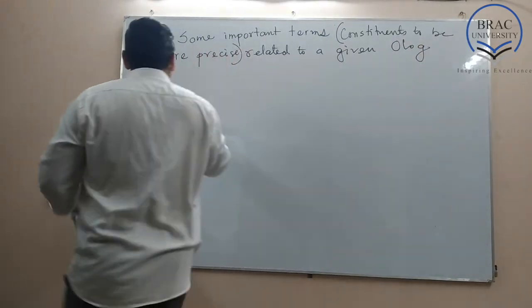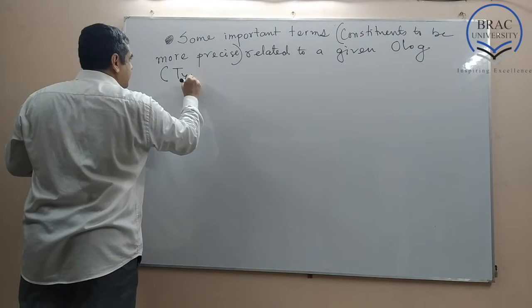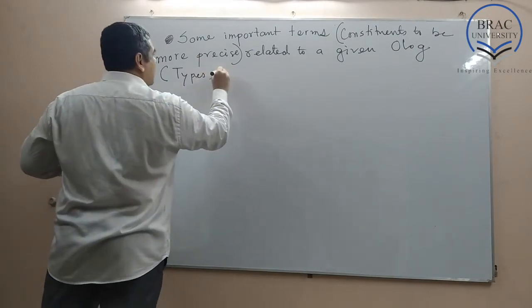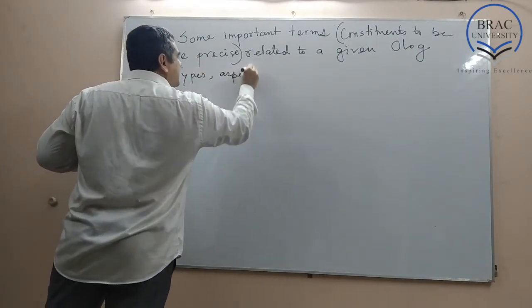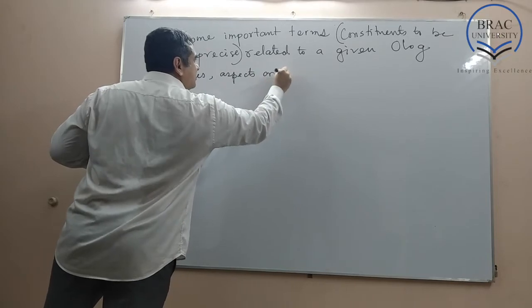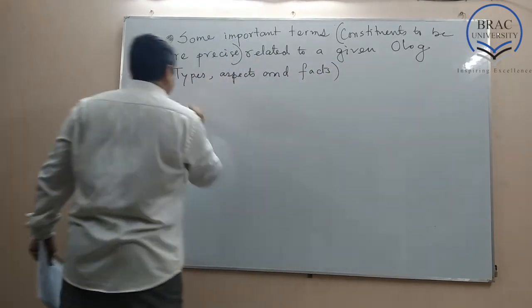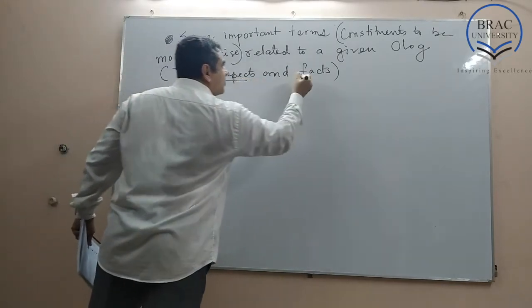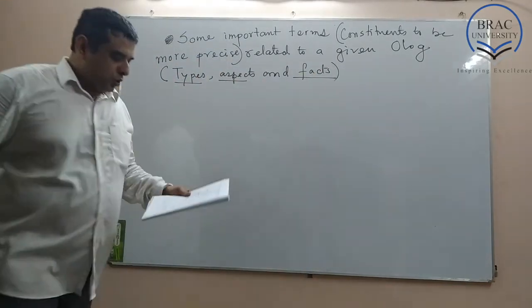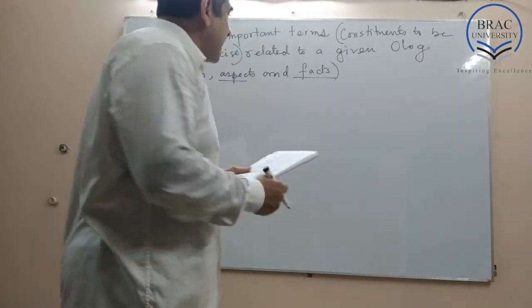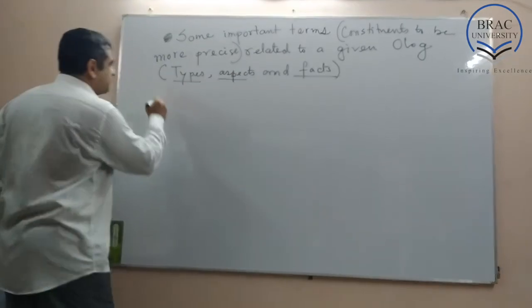And there are types, aspects, and facts. There are three terms here: types, aspects, and facts. We need to understand them. Let me start with types.